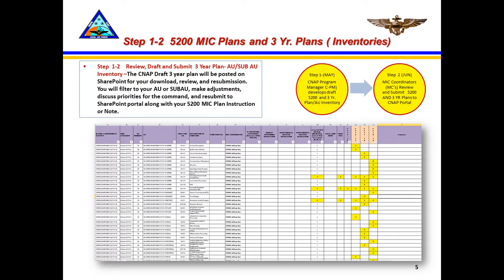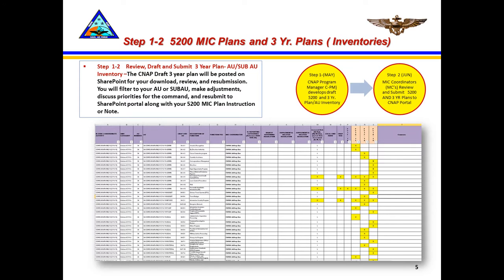You'll filter this spreadsheet and go down to your particular unit, and then from that point you'll determine whether or not everything that should be there is there, and if there are some things there that should not be there, processes that you don't have, you'll make those corrections and resubmit the file back to us when you're done with your 5200 note or plan.